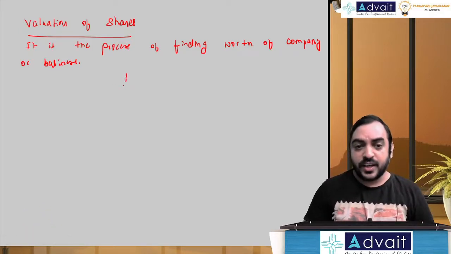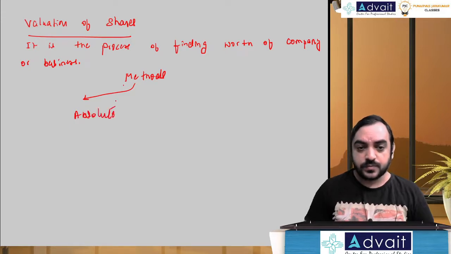Let me quickly write down two methods broadly, or you can say two approaches also. One approach is called absolute valuation or absolute technique, and the other is called relative technique.